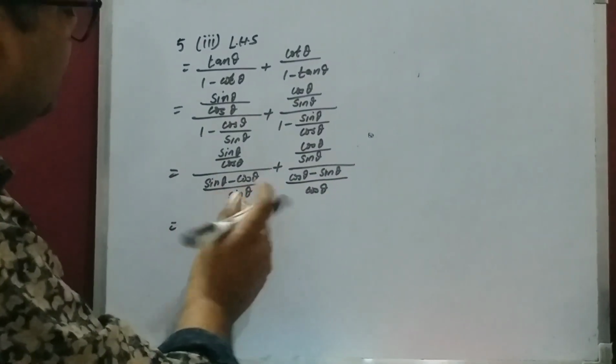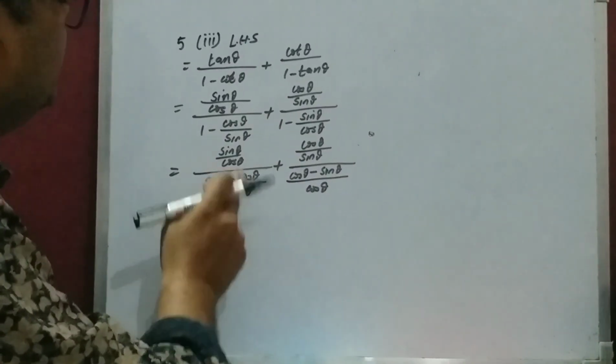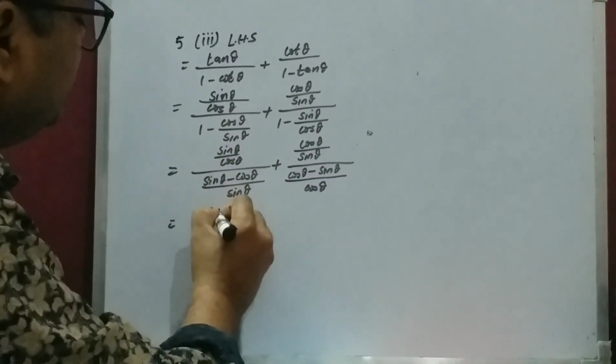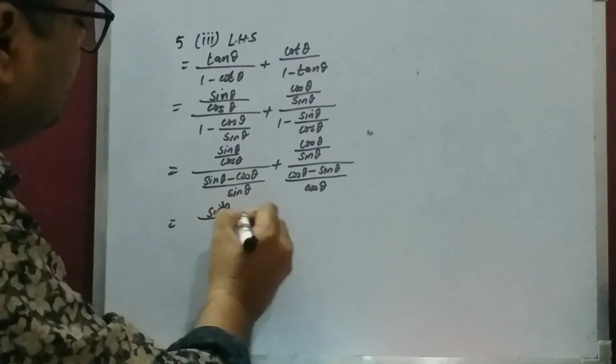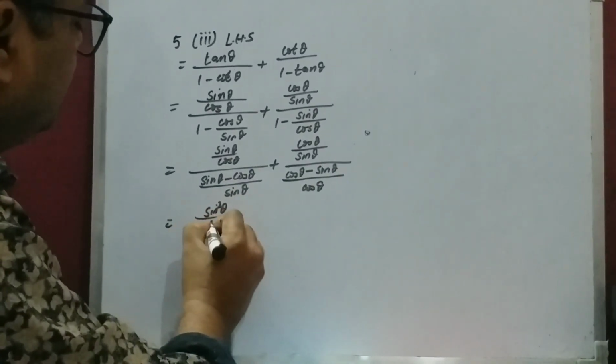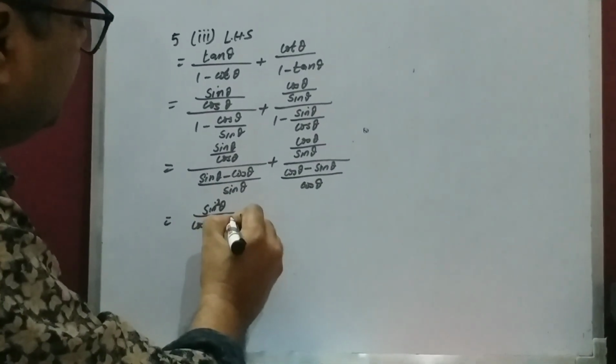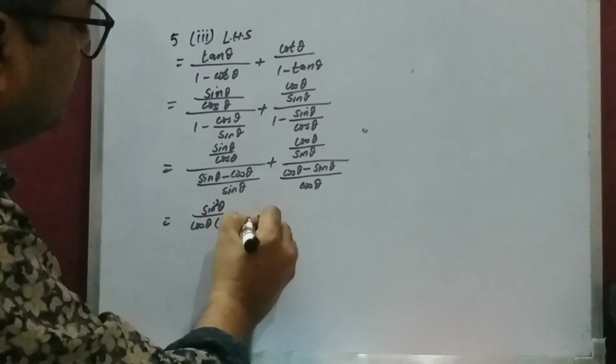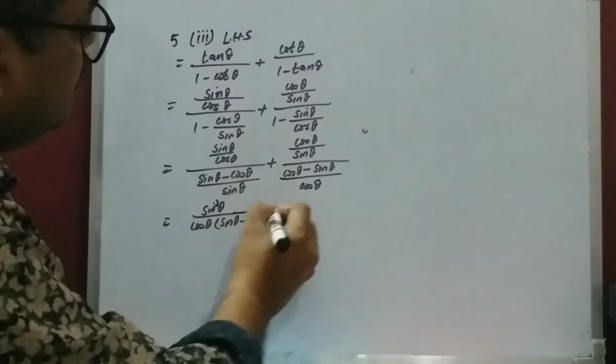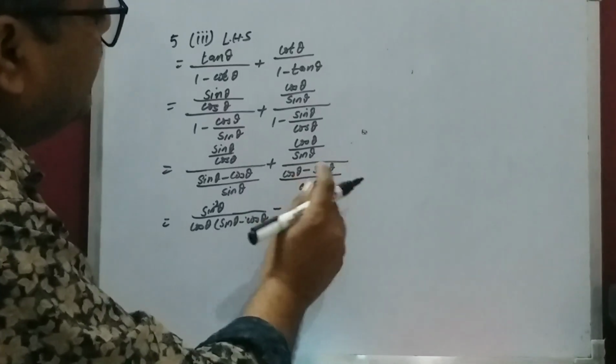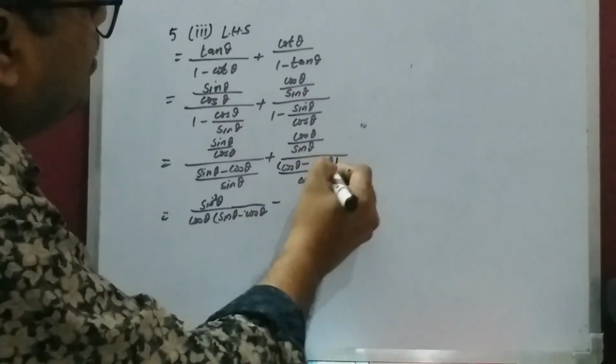When this goes up, it becomes sine square theta upon cos theta into sine theta minus cos theta. And similarly, take minus common from here.